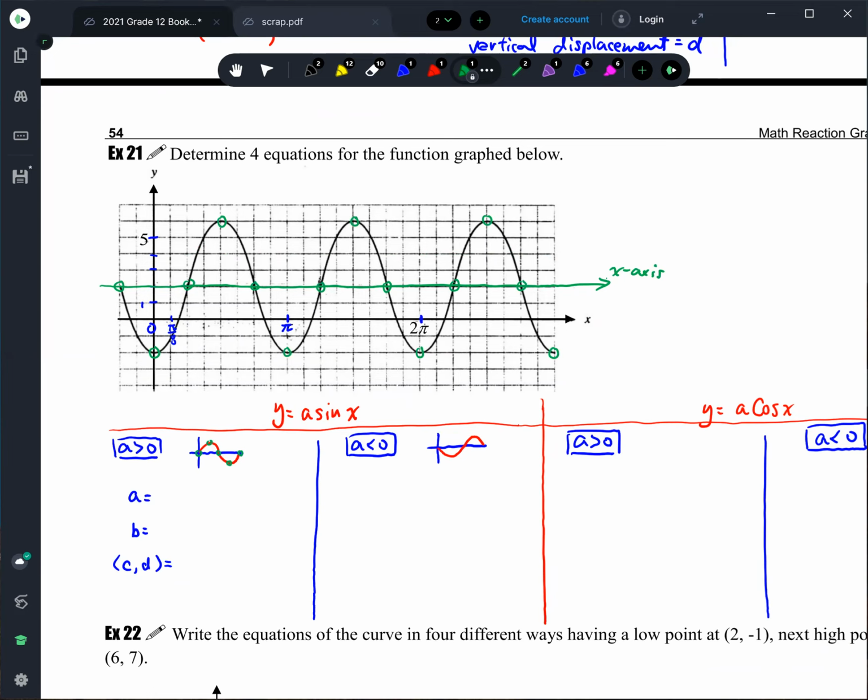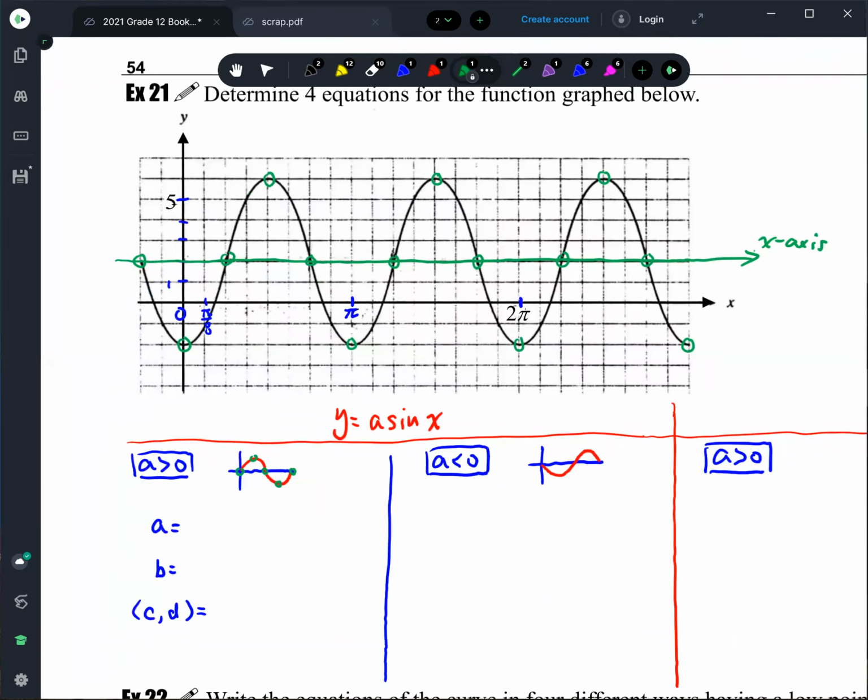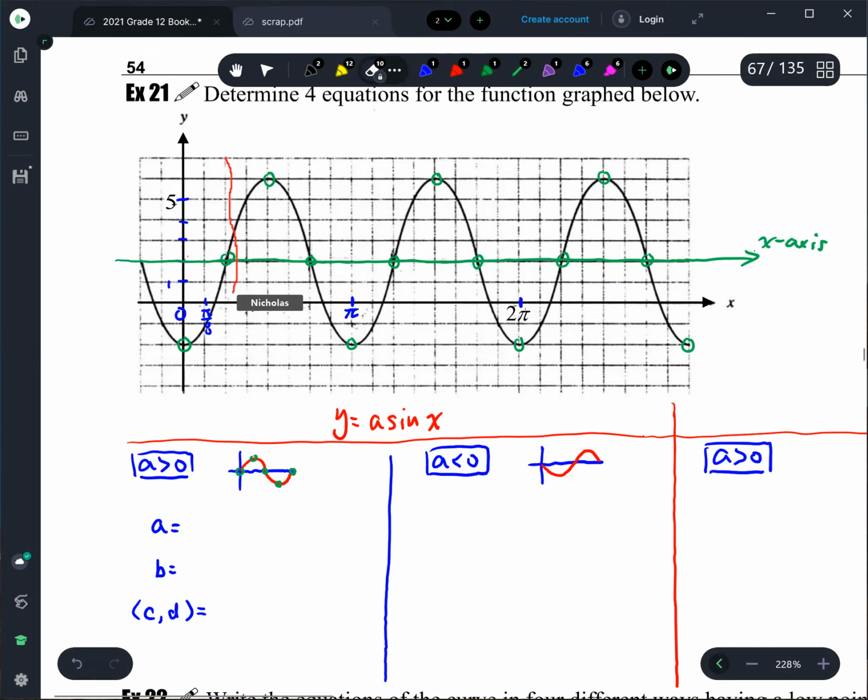Okay, Nick, can you try to draw on the screen as well? Where did you put the y-axis? Okay, thank you.